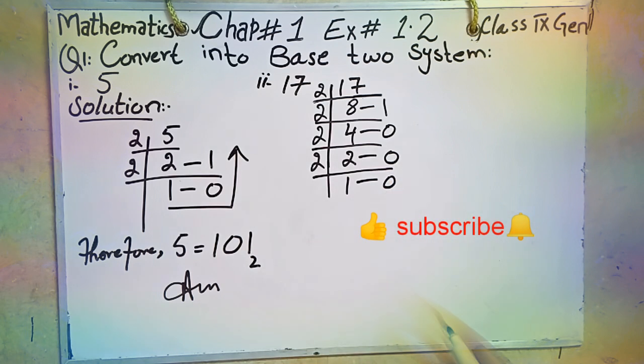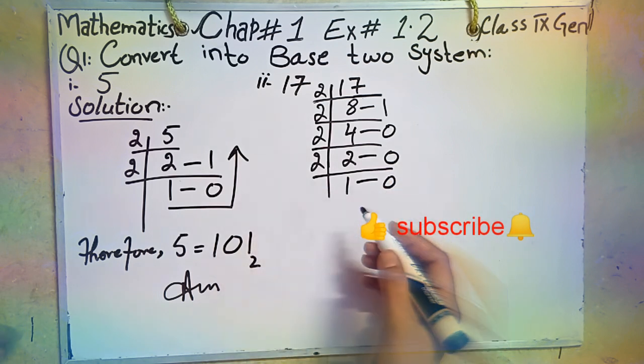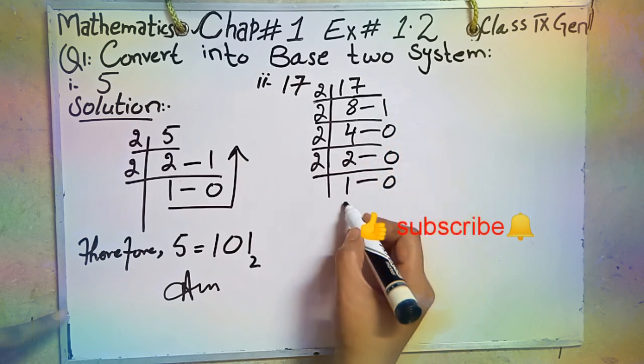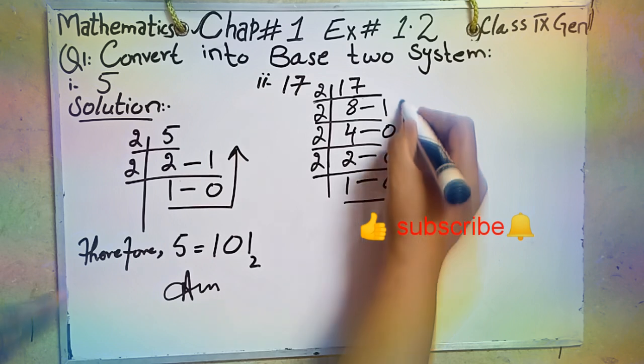So in base 2 system, 17 is equal to 1 0 0 0 1 would be the answer.